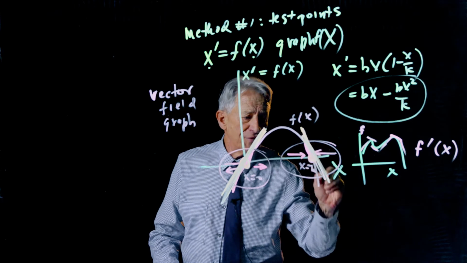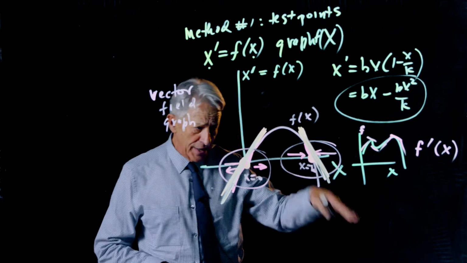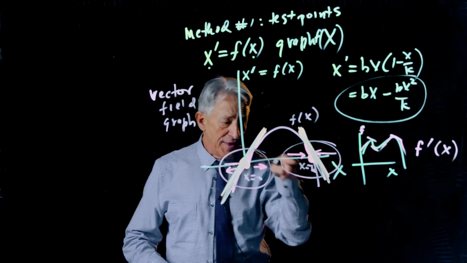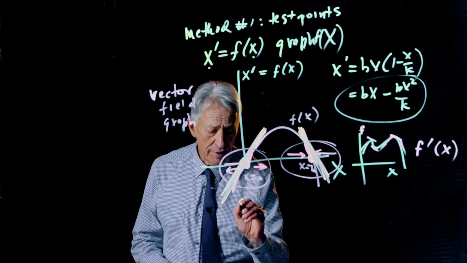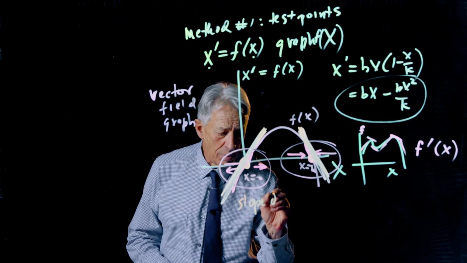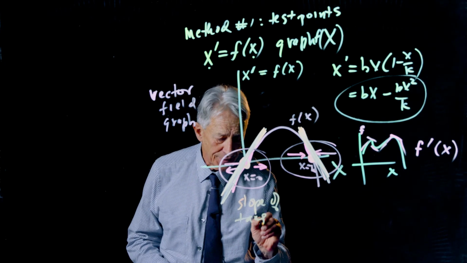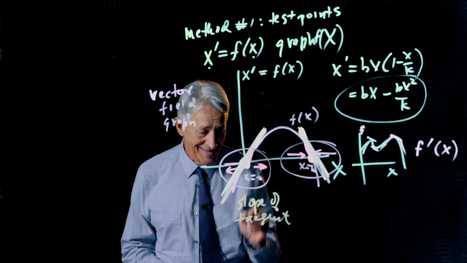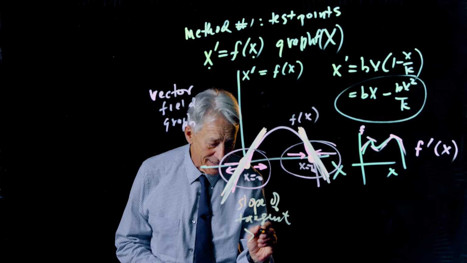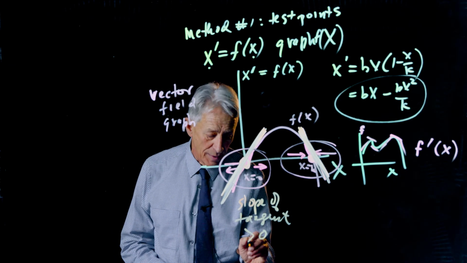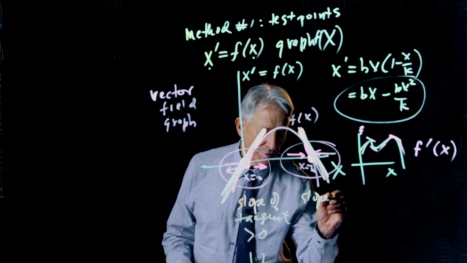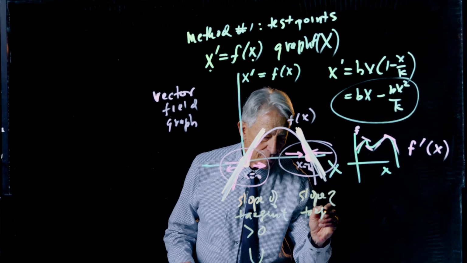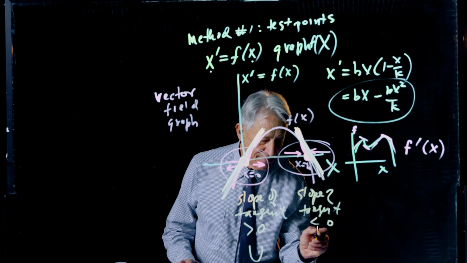If the slope of the tangent is negative, here's a negative slope, then the equilibrium point is stable. So now we have said slope of tangent is positive at an unstable, and slope of tangent is negative at a stable.